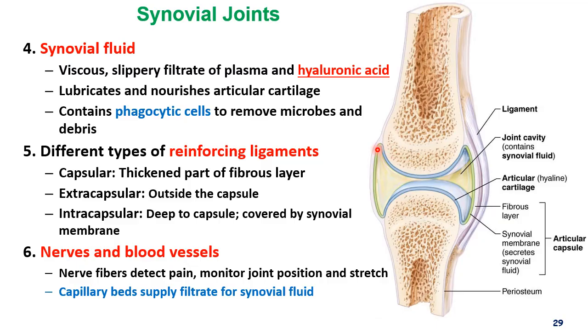Okay, so outside of those membranes, you're going to have nerve endings and blood vessels. Okay, and this is also another reason why when you have some injury to the articulation, to the joints, it's very painful because you do have those nerve endings to send you pain signals.